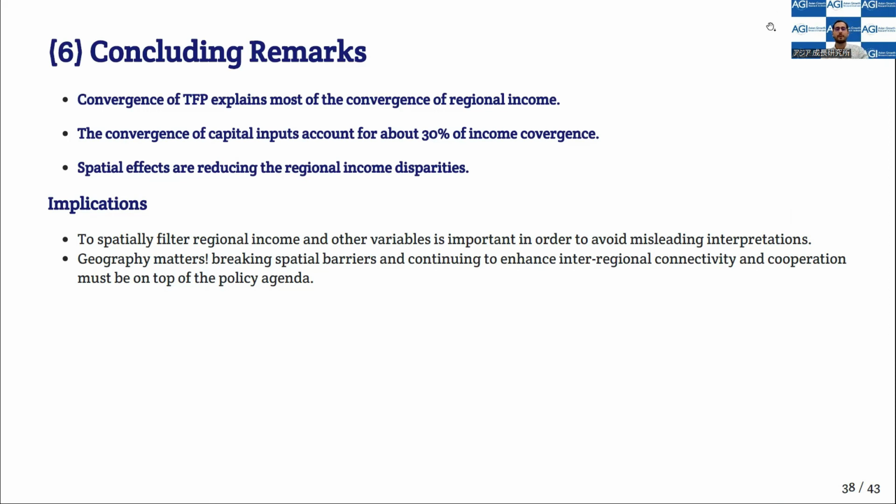But beyond this paper, we know how important it is to break spatial barriers and continue to enhance inter-regional connectivity.